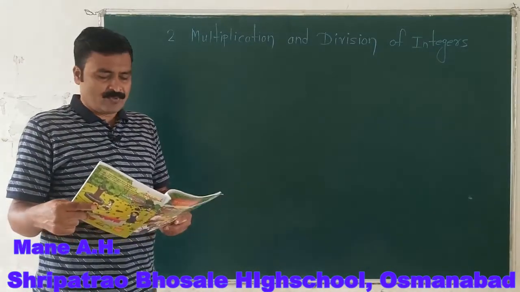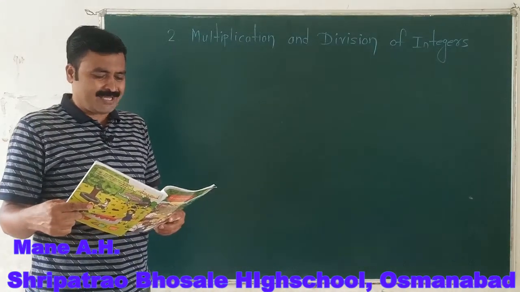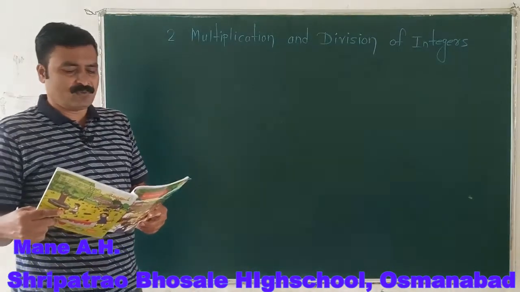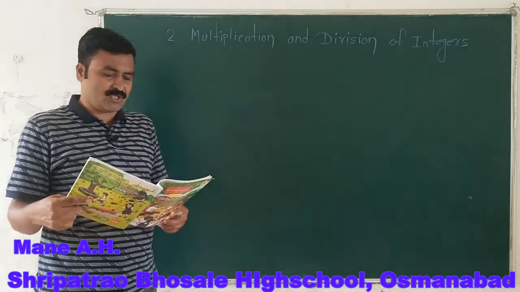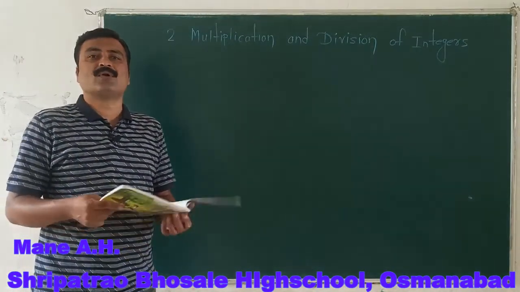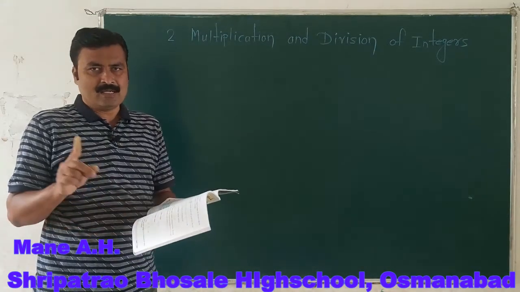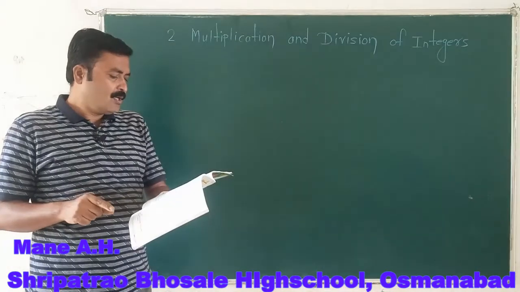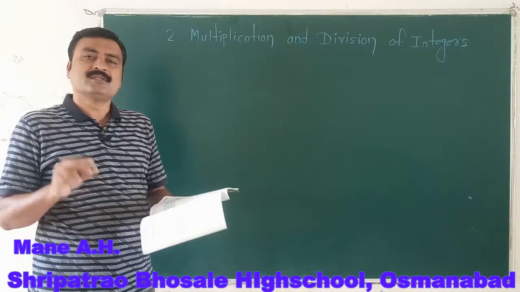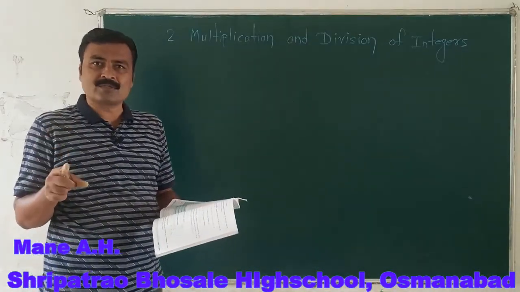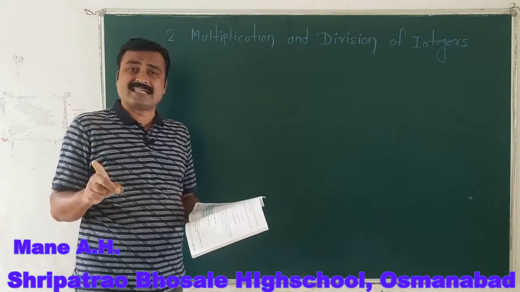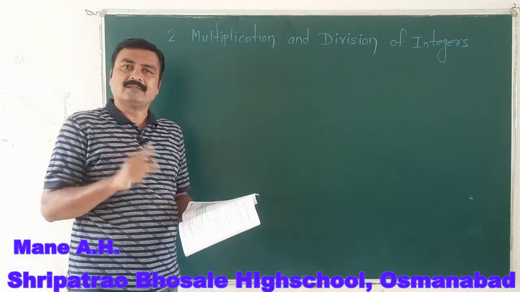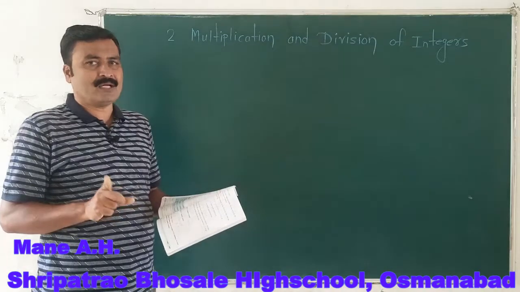Before that practice set 8, there is some important information according to the rules for the multiplication process related to sign changes, given in the box. You should read those rules carefully before solving practice set number 8.